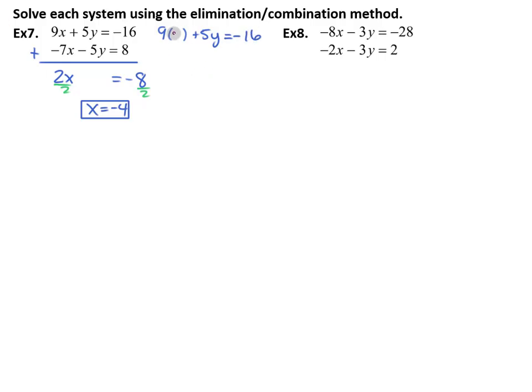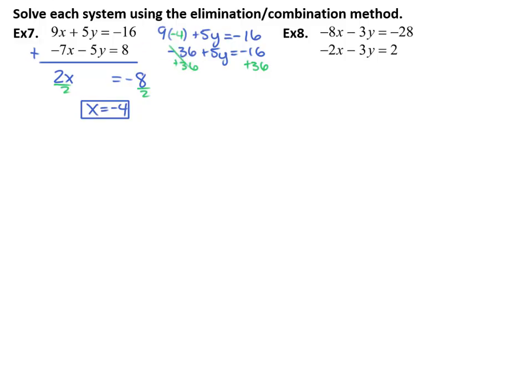So we're going to substitute in the x value we just found of negative 4. And again, remember, it doesn't matter which equation you plug into. We should get the same value back for y. So let's multiply. That gives us negative 36 plus 5y equals negative 16. Add 36 over. That gives us positive 20 on the other side.